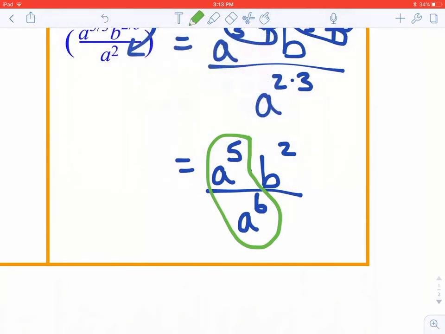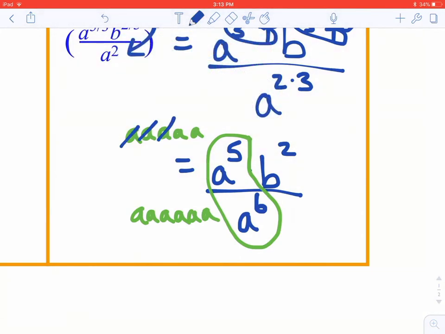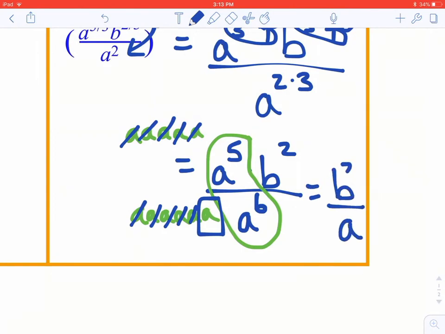So think about 5 a's in your numerator, and then you have 6 in the denominator. All 5 in the numerator will cancel out with 5 in your denominator, and you have 1 left. Or you could subtract 6 minus 5 and you're left with 1 a in the bottom. And so it simplifies to just be b squared over a.